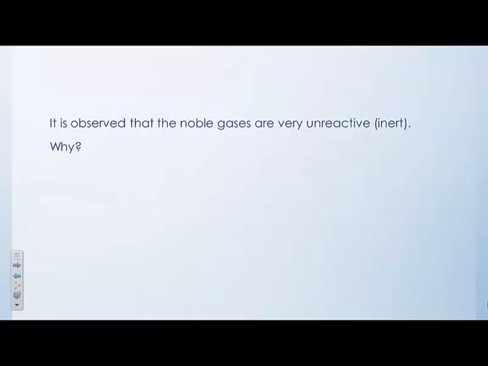And you might wonder why the noble gases are very unreactive, as we've said. Well, if we look at the electron configuration of neon, we see helium 2s2, 2p6. This gives us a total of 8 valence electrons, and we'll talk about that later.